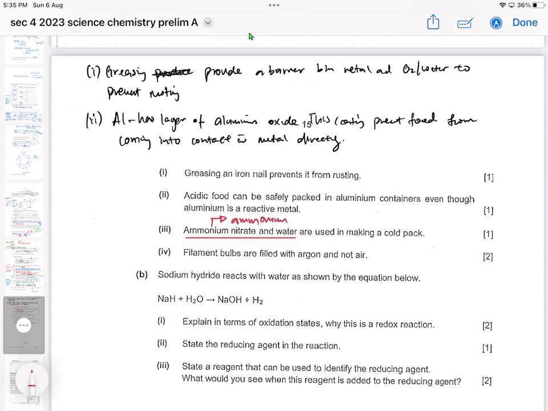Generally we say that ammonium salts dissolve in water in what we call an endothermic reaction, so the temperature will decrease and then it can act as a cold pack. This one.